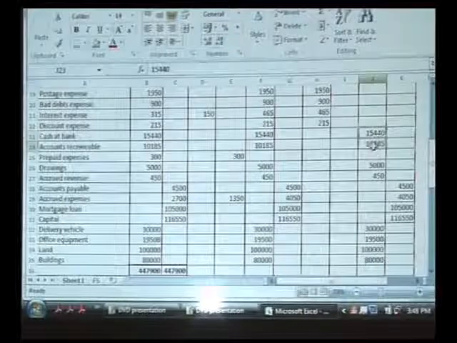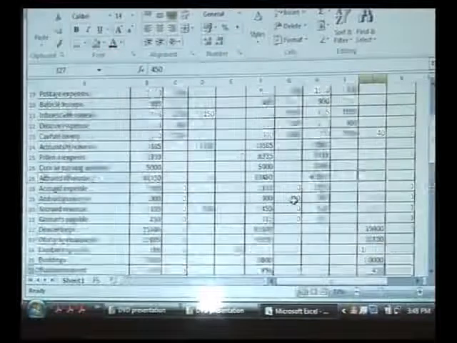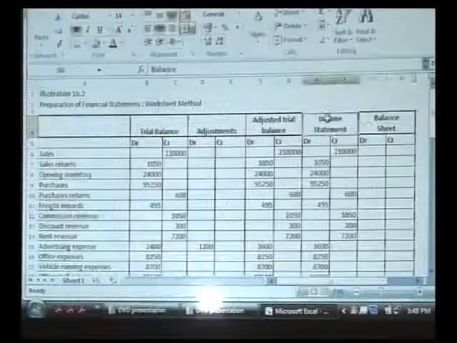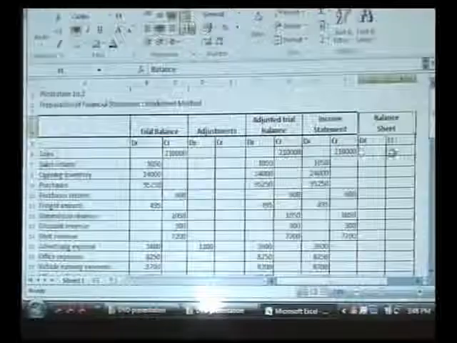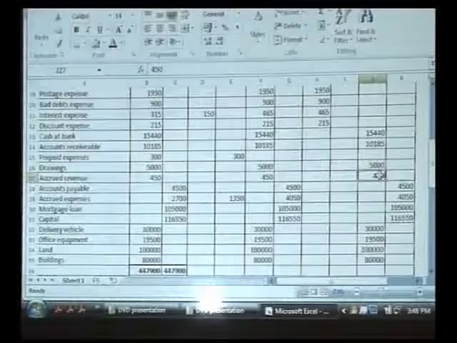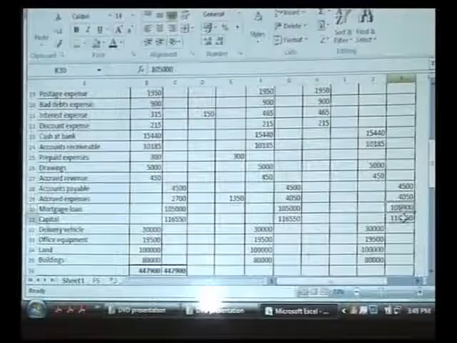All the adjusted figures are there. Then don't look at the trial balance, don't look elsewhere. Look at these two columns, income statement column and the balance sheet column, and transfer these amounts according to the format that you have learned in the past.